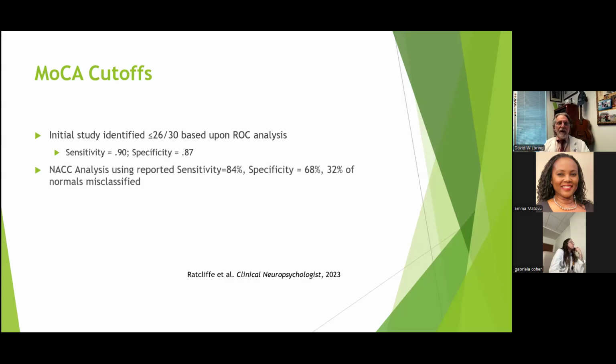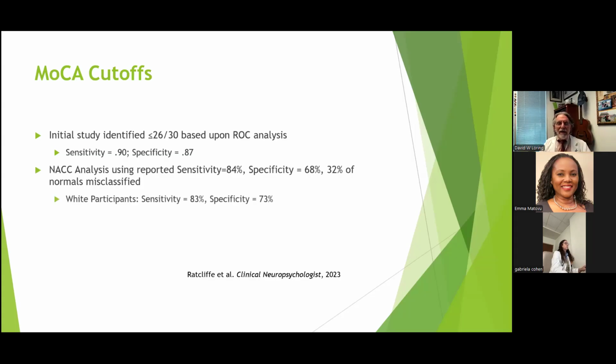A review by Lauren Ratcliffe from the NAC of, I think, multiple thousands of people found very different specificities. So we have a specificity of 68% versus the 0.87 reported by Nasreddine, essentially saying that 32% in this particular sample using those same criteria were misclassified as abnormal.